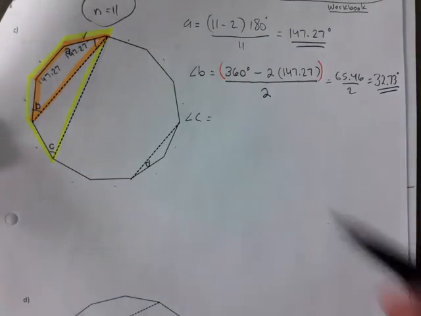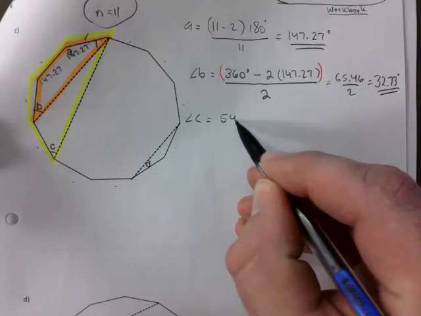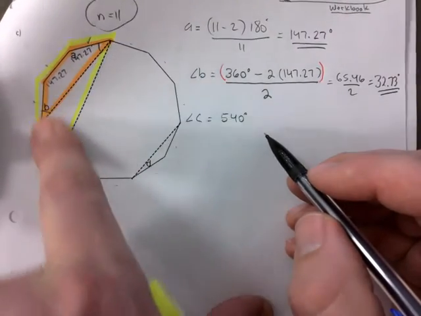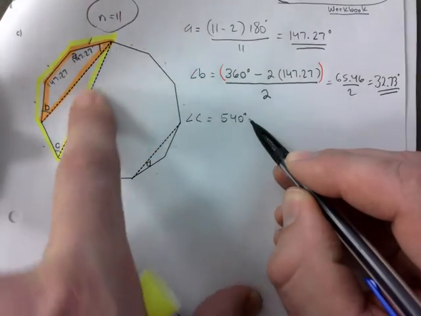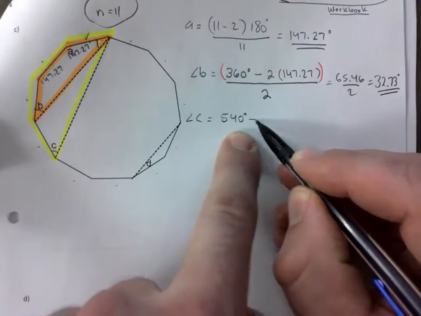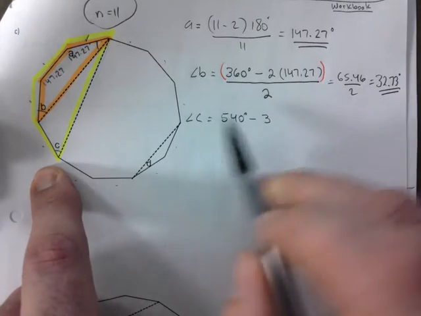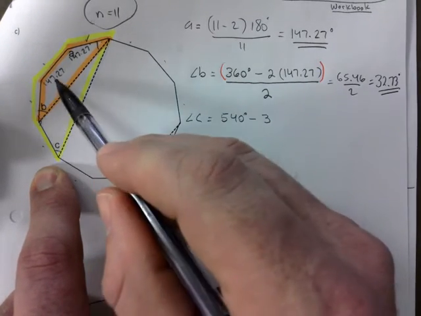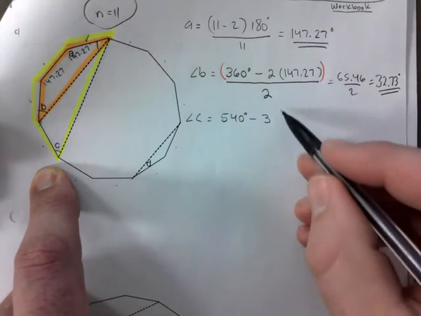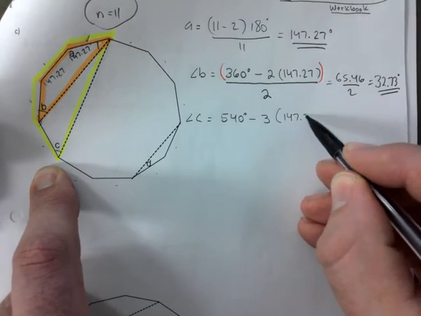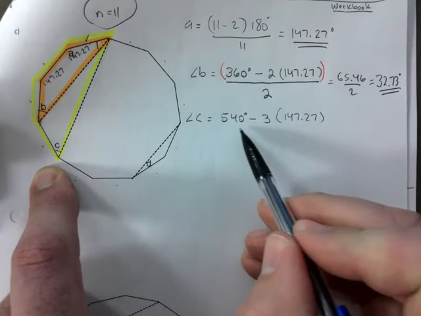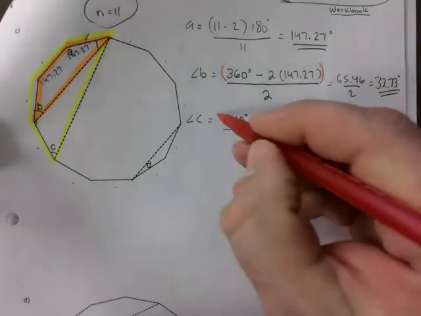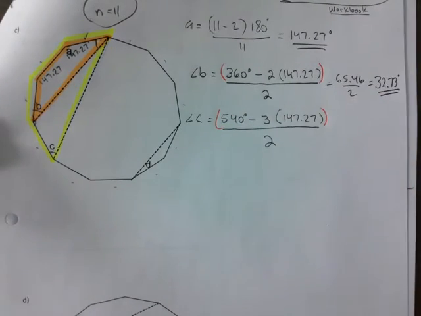So if I take 540 for all of the interior angles, and I subtract 3, there's one here, 147.27, one there, one there, so I need to subtract 3 of those and then divide by 2, making sure I keep the top in brackets.